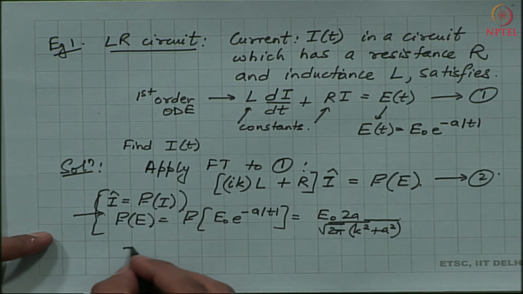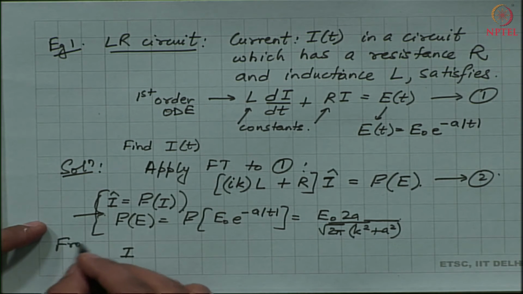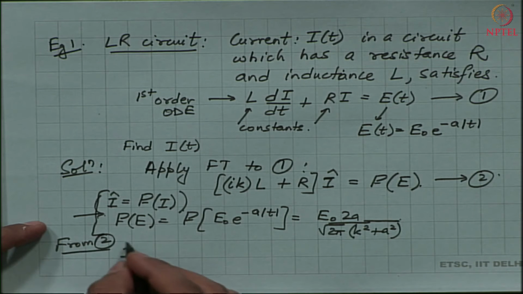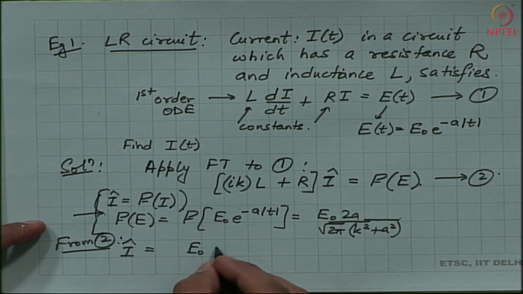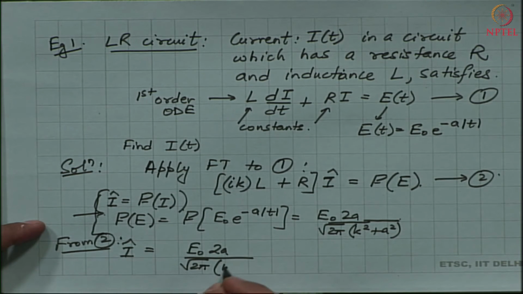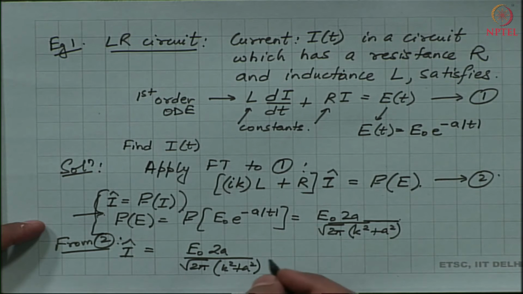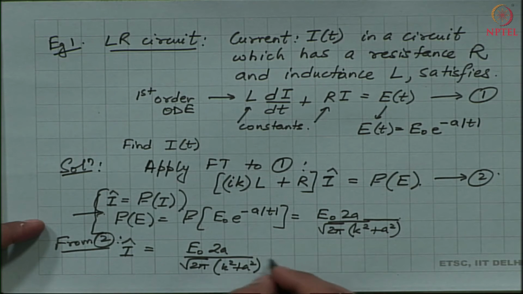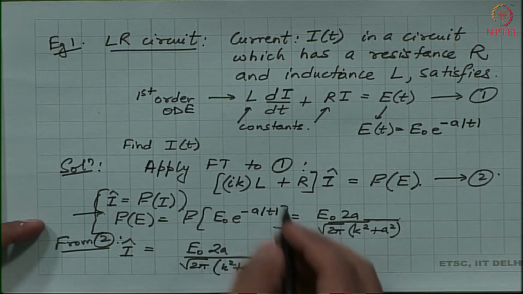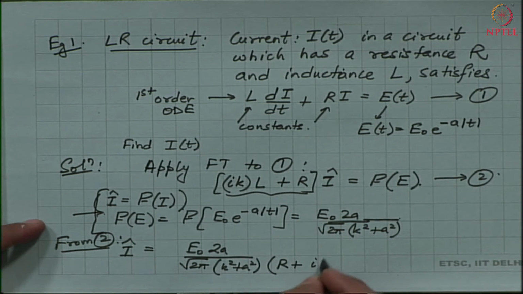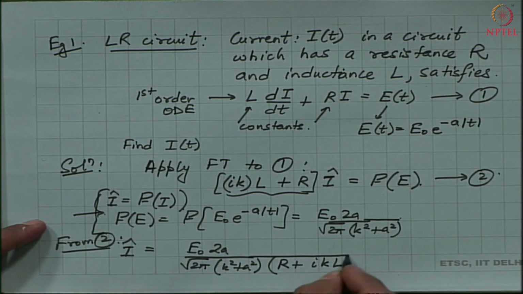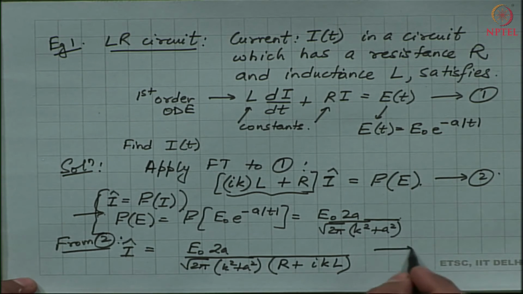From 2 I get my I hat to be E naught times 2a divided by square root 2 pi k square plus a square times this factor that we have got, 1 over R plus i k L. Okay, so let us call this 3.